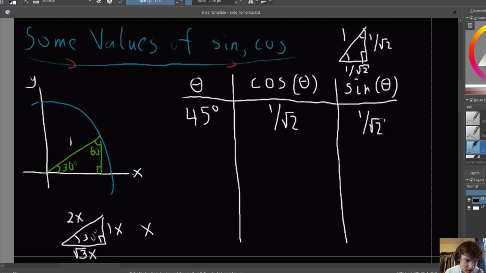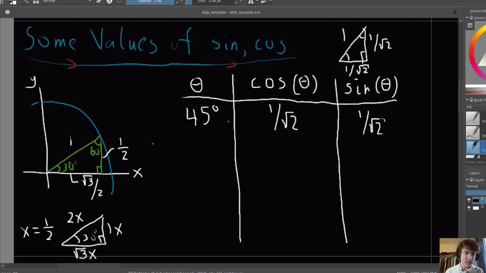Here I've done a bad thing by using x in two different ways, x for this axis here and x for the unknown scale in this triangle, but I trust that you can make sense of that. So if we set x equal to 1/2, then we have a triangle whose hypotenuse has length 1, which is good. We see that this vertical piece is going to have length 1/2, and the horizontal piece, which gives us the x coordinate, is going to have length square root of 3 divided by 2.